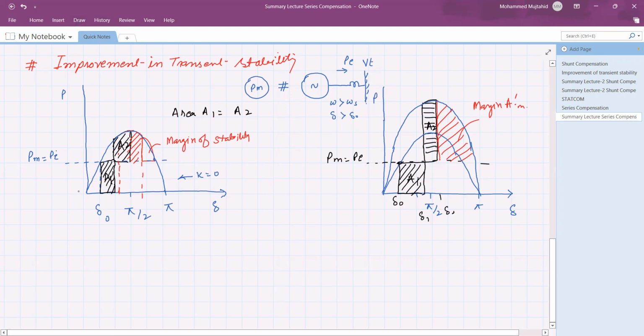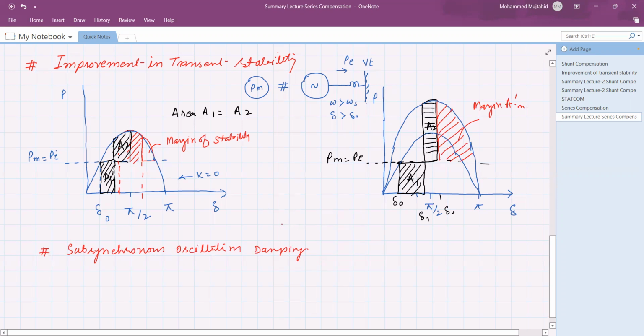Similarly, one may avoid the unwanted oscillation, which is subsynchronous oscillation damping. The damping is needed when there is some change in mechanical input and electrical output.